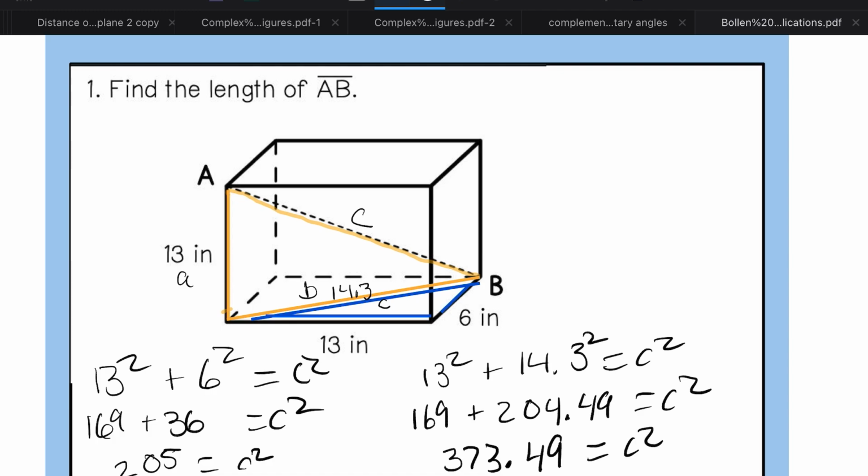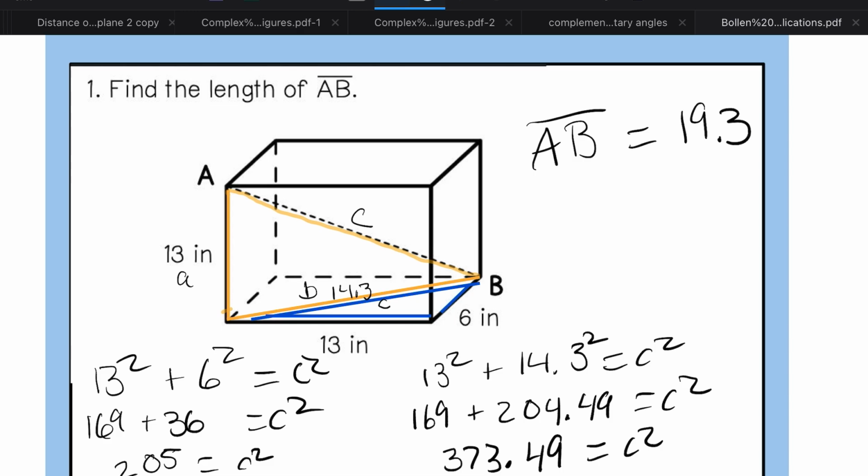And then you take the square root of 373.49 and you get that C is equal to 19.3. So the length of AB is equal to 19.3.